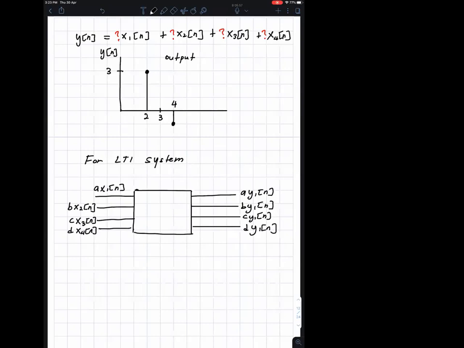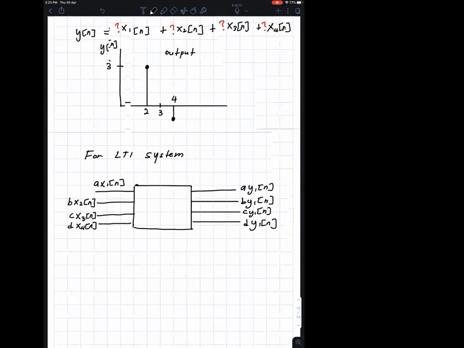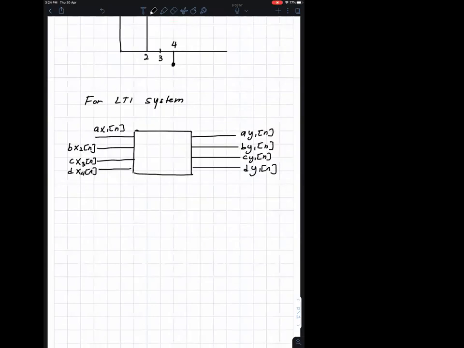Something like that, okay? Remember last time when we had a linear system, we had to test for additivity, and we also had to test for superposition.